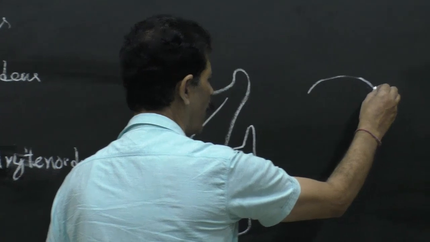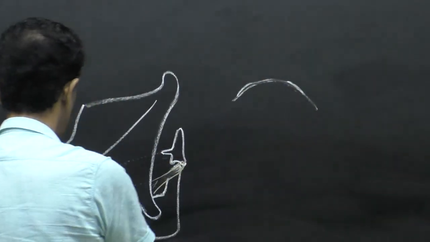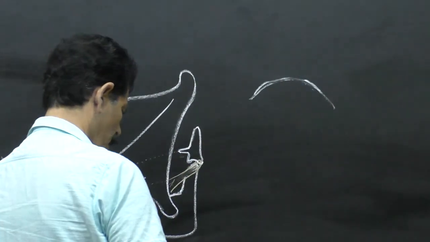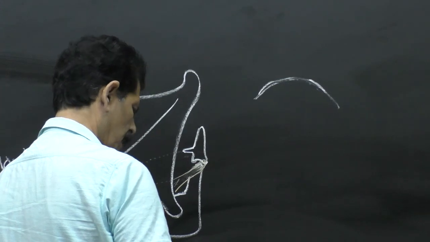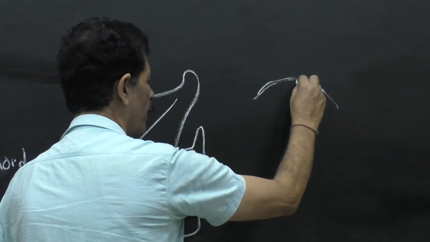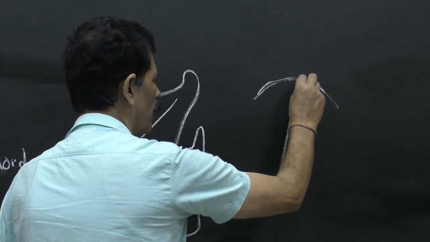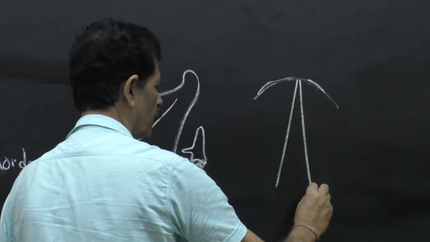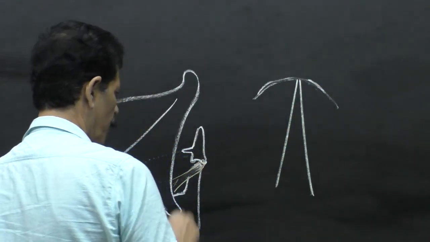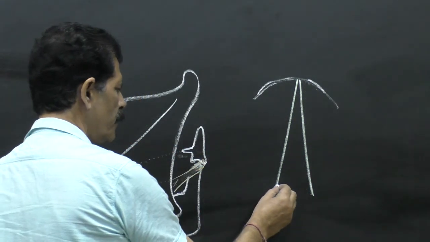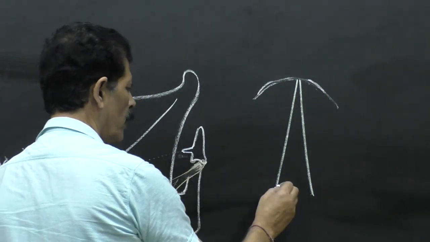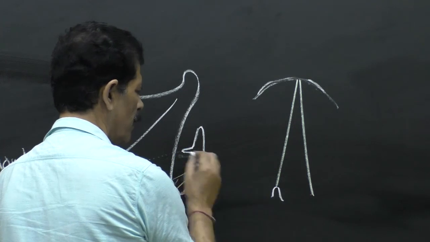So this is the thyroid cartilage, and to this are attached the two vocal cords. Posteriorly the vocal cord is attached to the vocal process of the arytenoid cartilage.